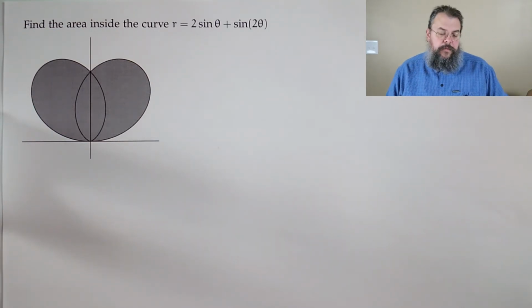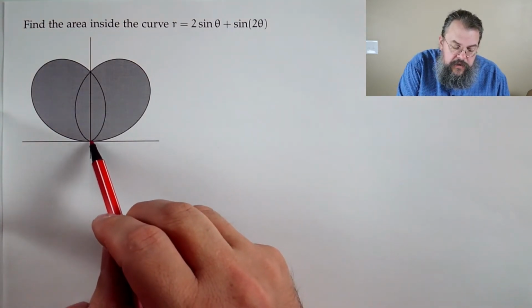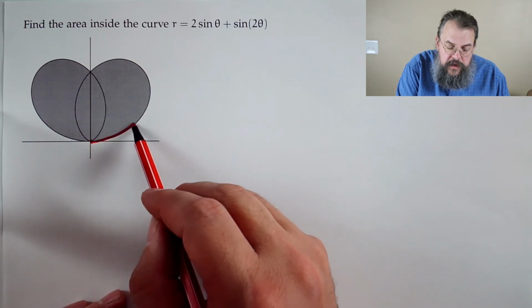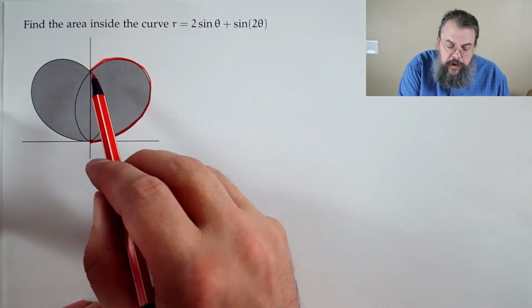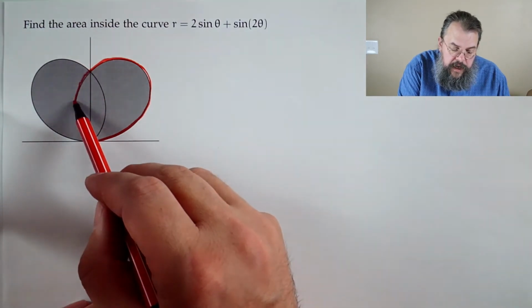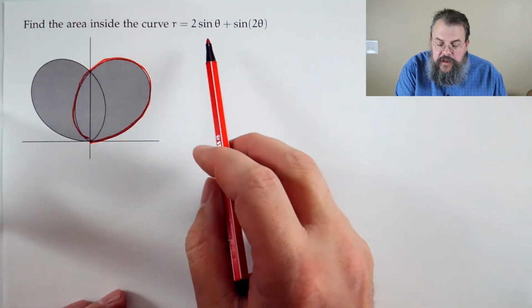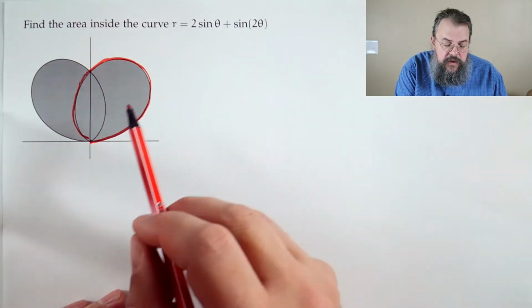Now, what happens when you actually go through and map this curve? Well, the way the curve goes is it does the following. It starts off at 0, and then it comes along and goes out, and then here is pi over 2, and then it comes down at pi. Now, at pi, you can see you're back to the origin because sine of 0 is 0, sine of 2 pi is 0.